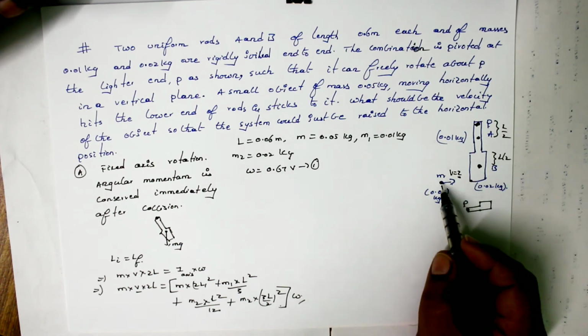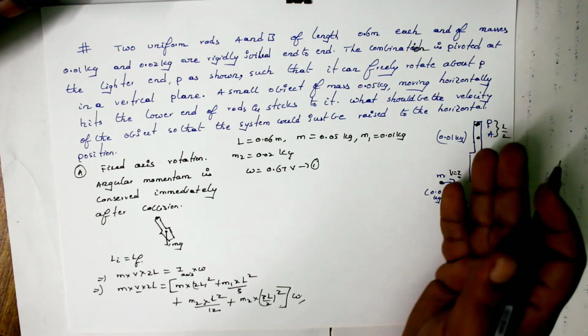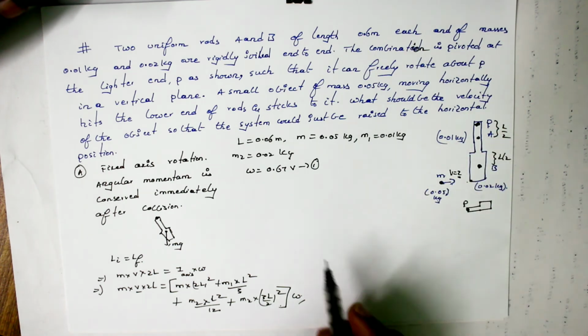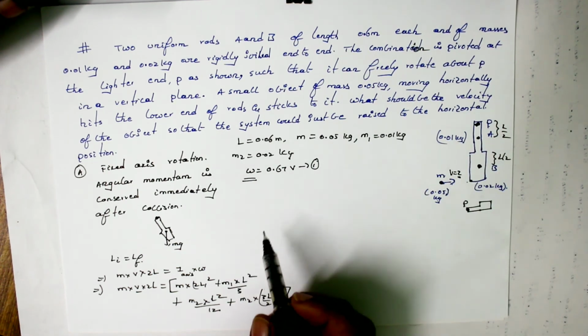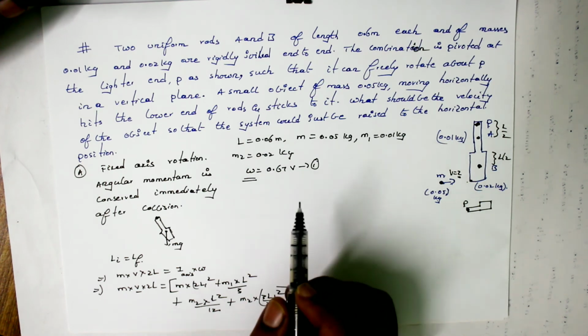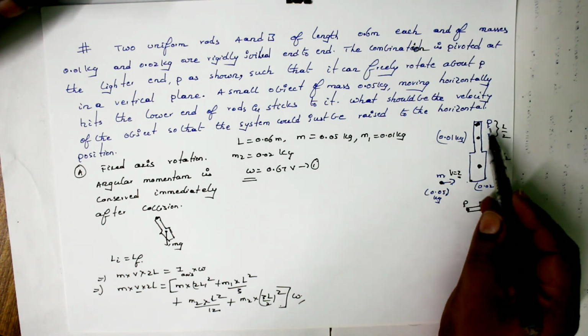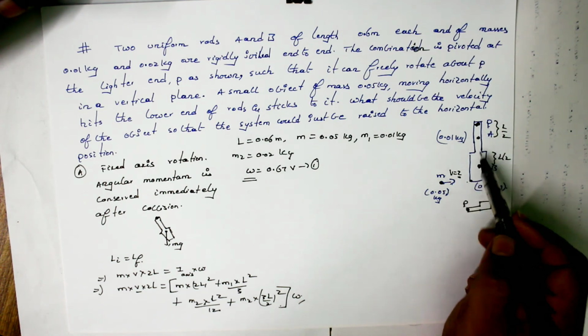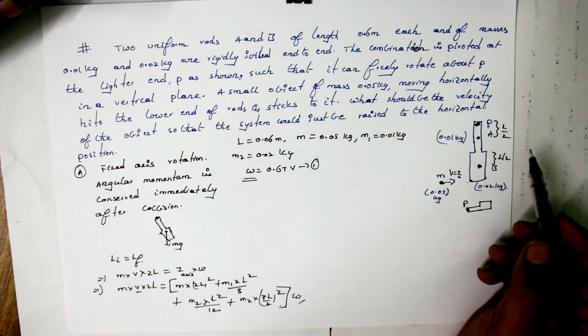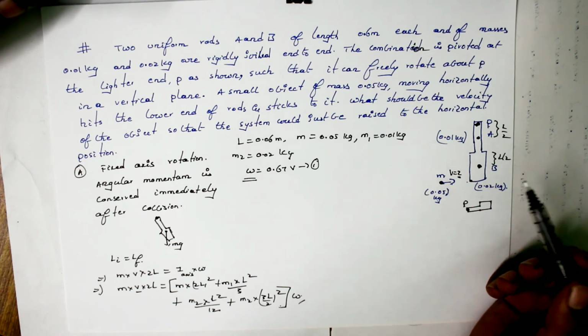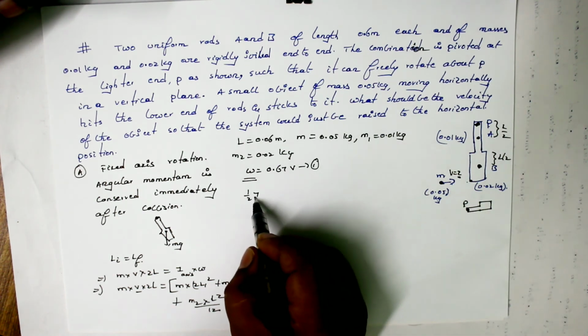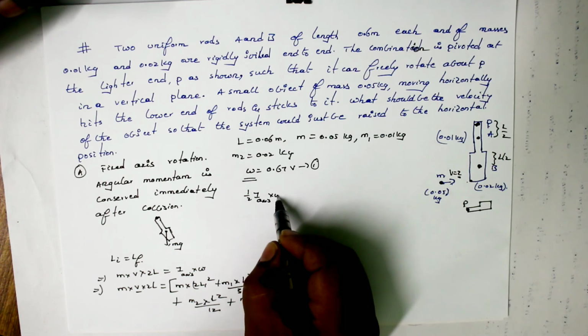It means that after the collision, the total system has started rotating with an angular velocity of 0.67 into v. Now this total system has a kinetic energy, the sum of translational and rotational kinetic energy, which is equal to half I axis into omega square.